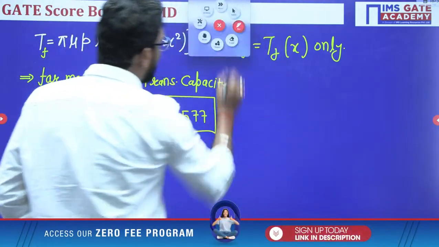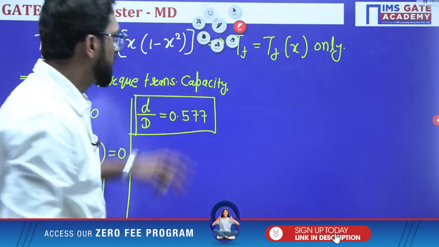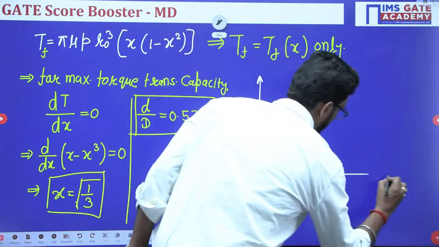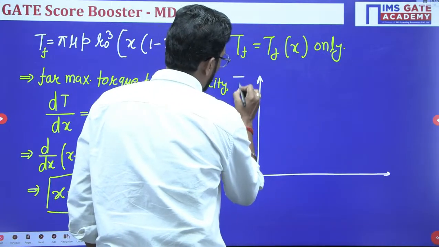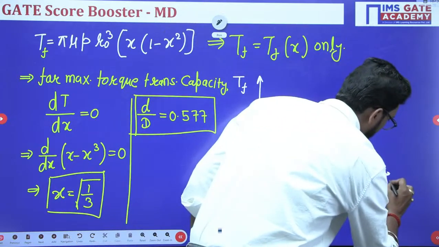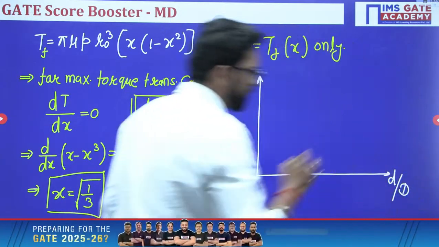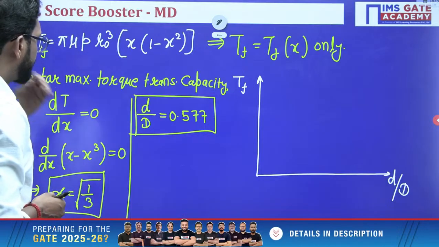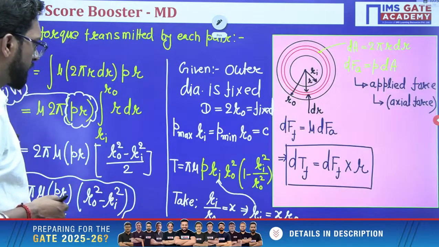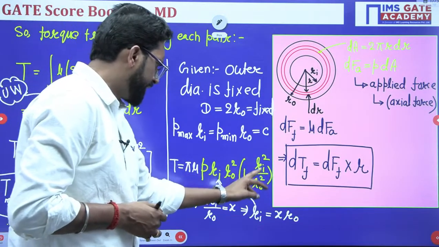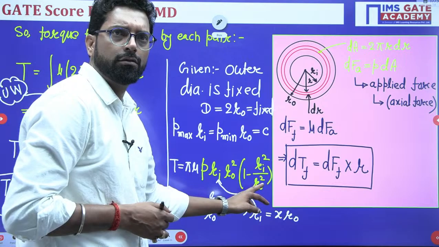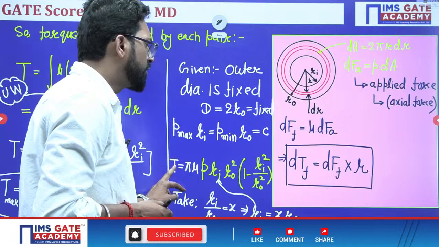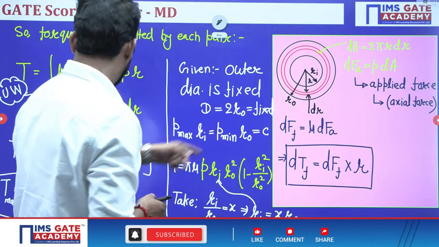Now, if you draw the graph, there is a second concept. If you draw the graph between the frictional torque and d by D ratio, clear? So from this expression, my dear, if d by D ratio is 0, torque is 0.